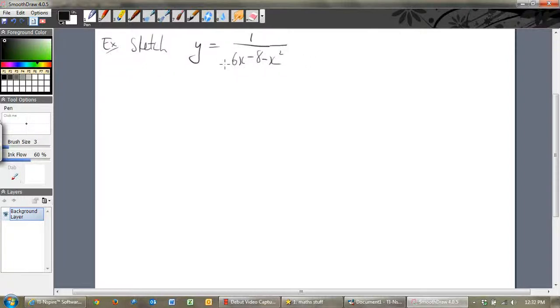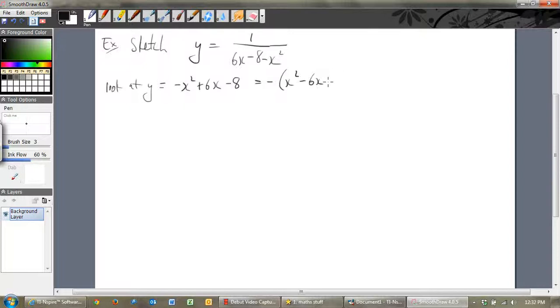Again, let's look at what the bottom line looks like, and then we'll go from there. I'm just going to rewrite it with x squared in front, so y equals negative x squared plus 6x minus 8. And I want to know what this looks like. I'm going to complete the square. So negative x squared minus 6x.